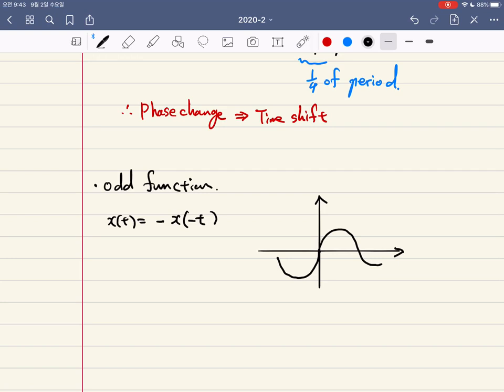In terms of the even function, the signal was symmetric with respect to the y-axis. What about the odd function? The odd function is symmetric with respect to the origin.